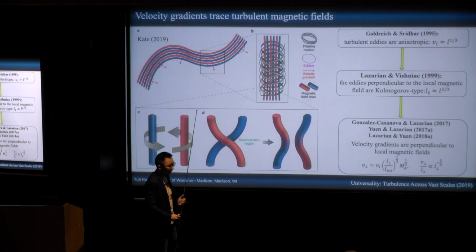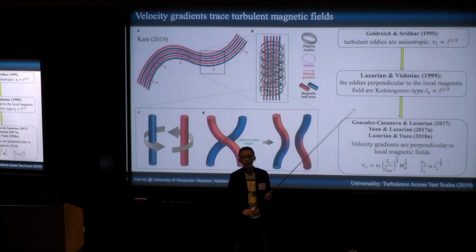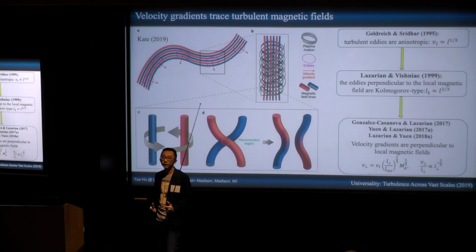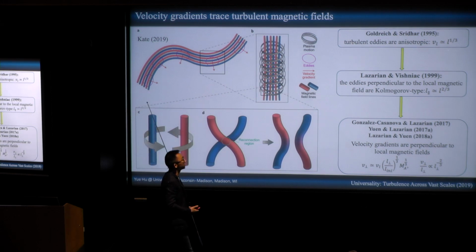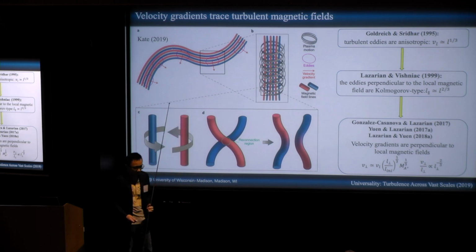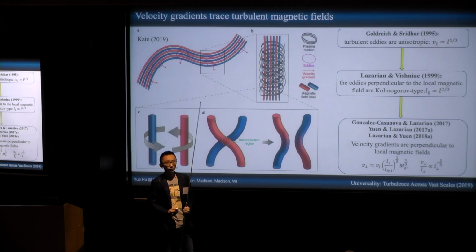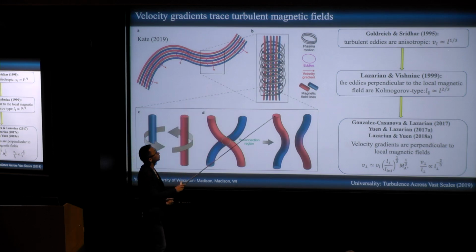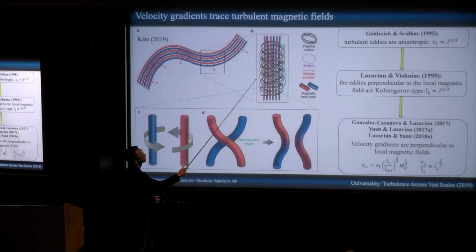In the famous turbulence theory, GS95, they showed that the turbulent eddies are anisotropic. They are elongated along the direction of the magnetic field. And later in Lazarian and Vishniac 1999, they explained that the motion of eddies is more likely to be in the direction perpendicular to its local magnetic field. For example, here we use the red and black lines to represent the magnetic field lines, and the eddies are going to rotate around the magnetic field.